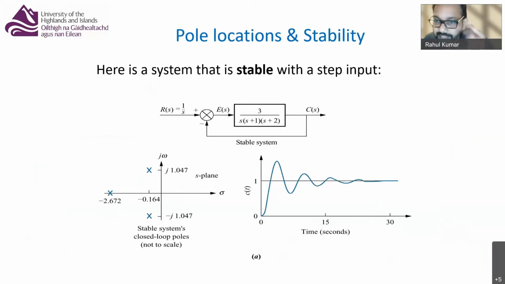Now let's try and understand that based on some examples here. In the first example, I have taken a stable system with step input. The transfer function or the forward path gain of my system is 3 divided by s multiplied by (s plus 1) multiplied by (s plus 2).